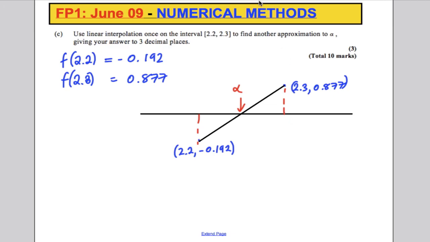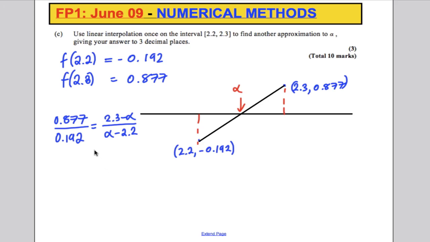So we say the height of this one, which is 0.877, divided by the height of this one, which is 0.192, must equal the width of this one, which is 2.3 subtract alpha, over the width of this one, which is alpha subtract 2.2.